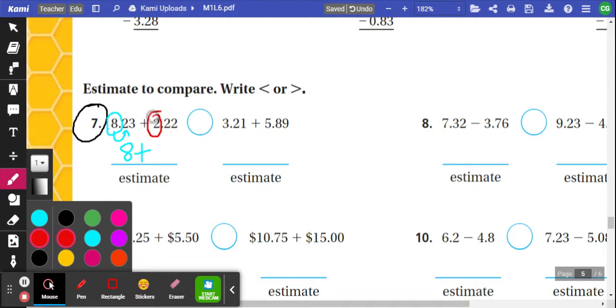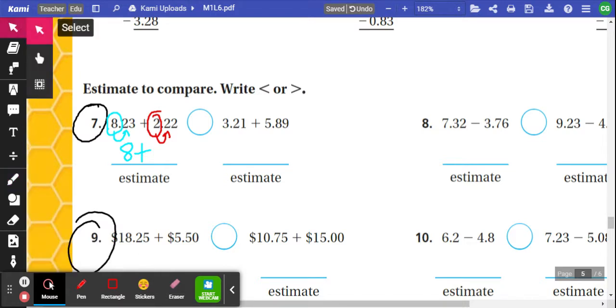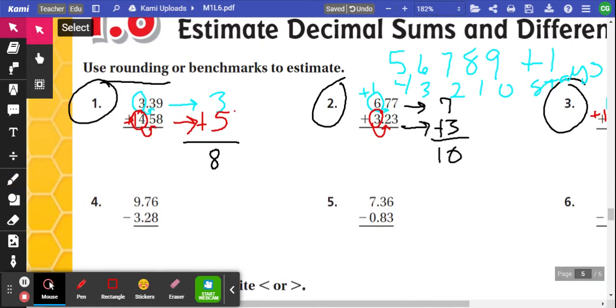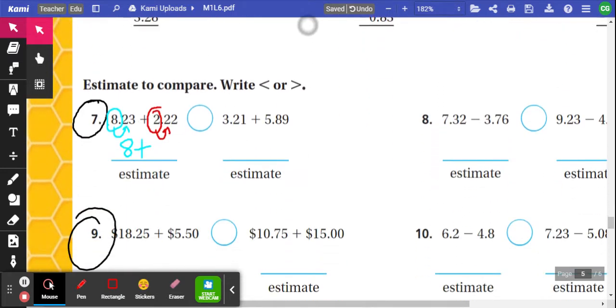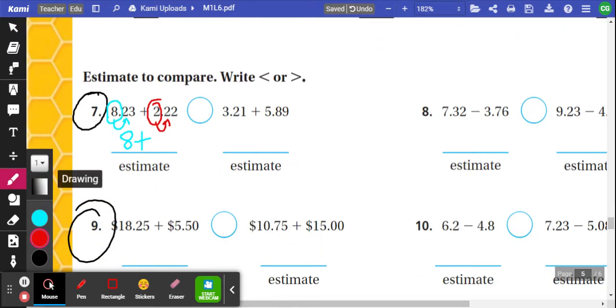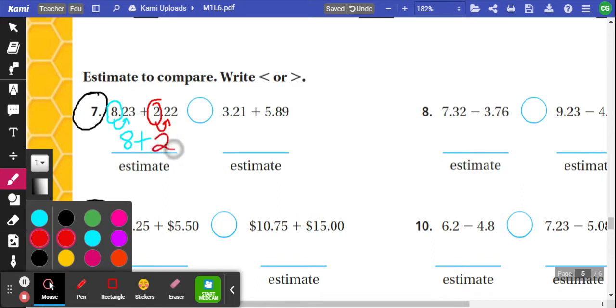I'm going to circle my whole number in the ones place. Go to my right, take a look at that one. I can see that it is less than 5. It falls again in the 4, 3, 2, 1. So it's going to stay the same. I'm going to add that together. 8 plus 2 equals 10.